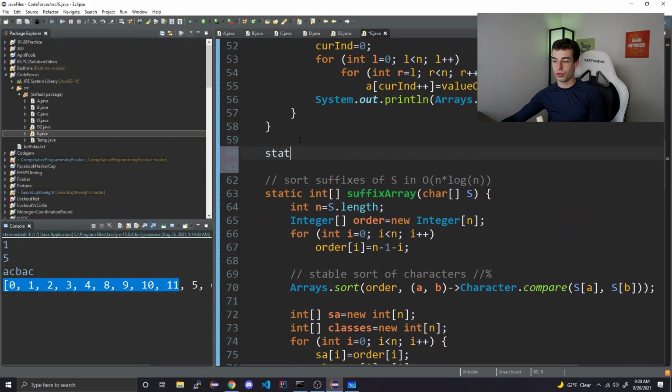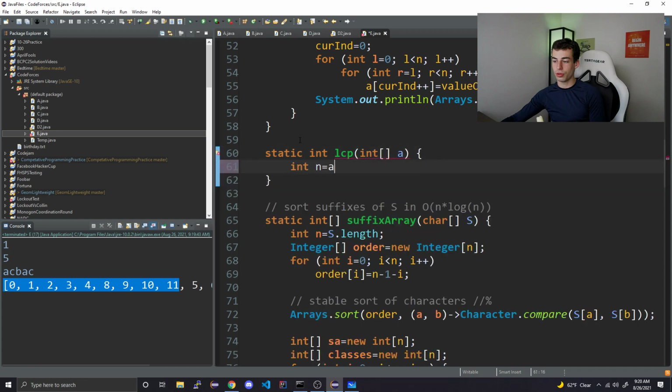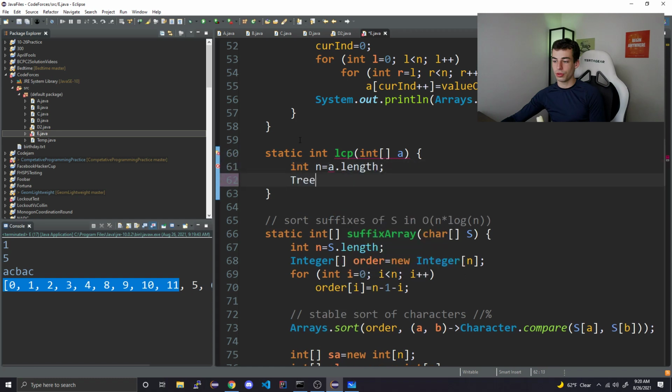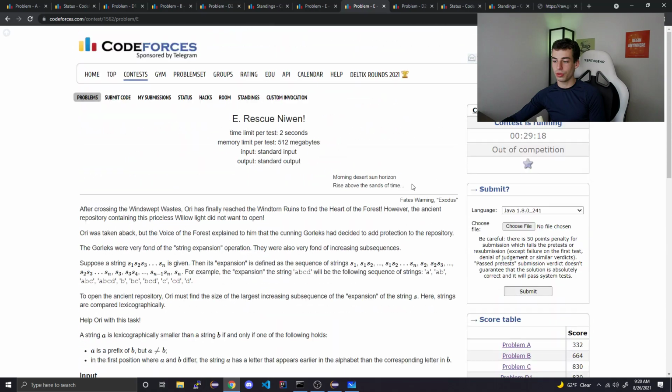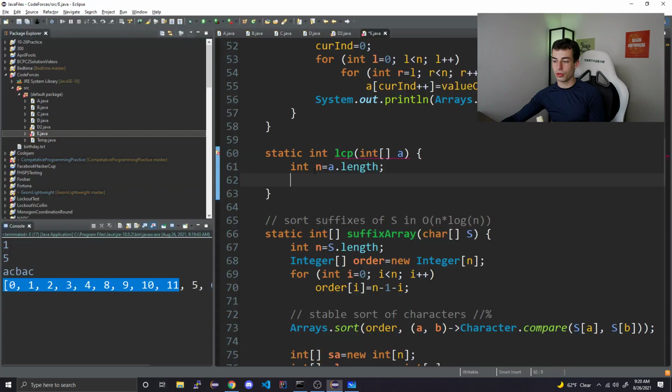Okay, so now we need static int LCP, int array A. Okay, so we want to find LCP. No, not LCP. This is longest increasing subsequence, LIS. So how do we do this? We want a tree map of integer to integer, map equals new tree map.